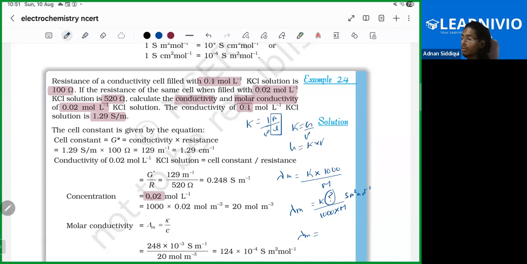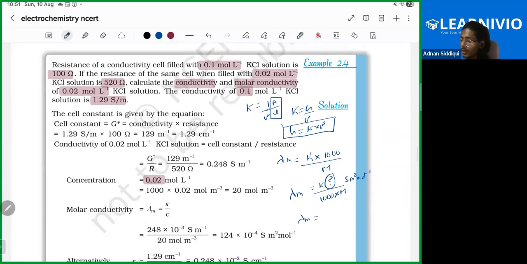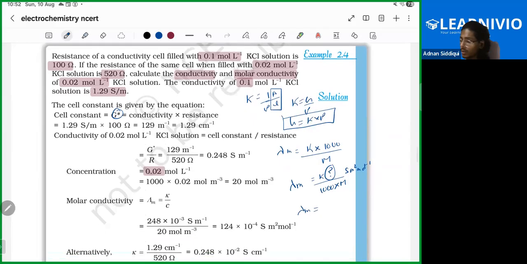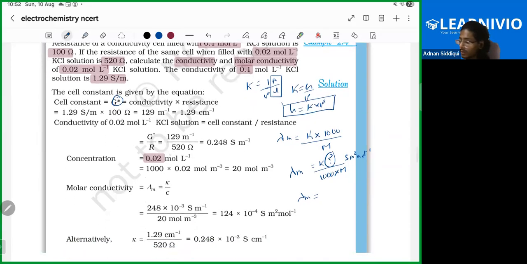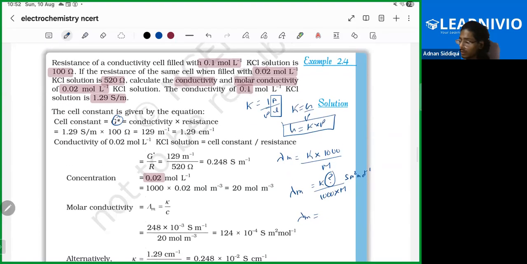G is kappa into rho. ठीक है, अगर आपके पास सेल कांस्टेंट आ जाएगा जो कि यहाँ पे दे रखा है, this is cell constant, it is going to be equal to what? Okay, what it is. Resistivity is given 100. Your kappa for any specific solution is this.